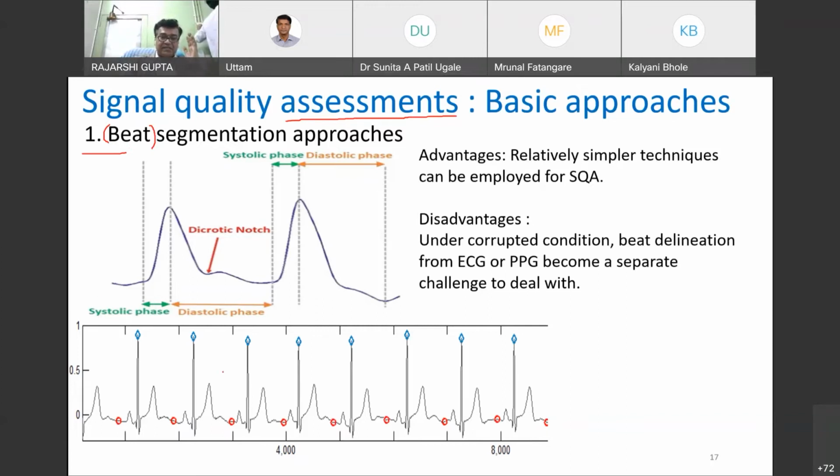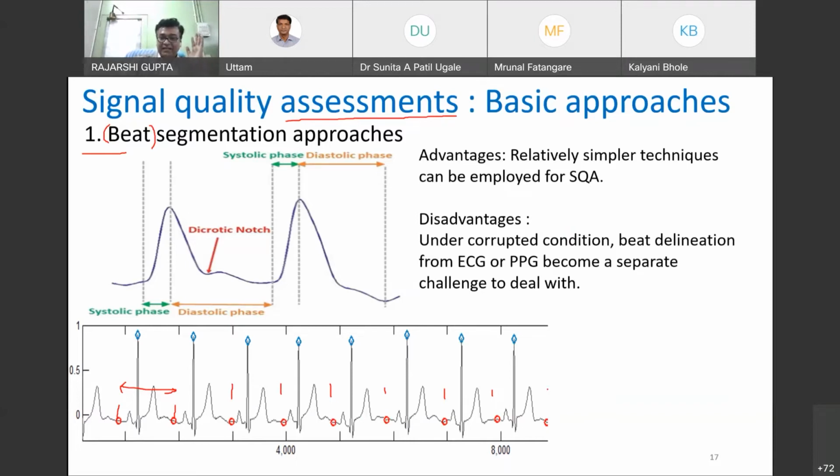In the case of ECG, that is the lower plot I have shown, this is one baseline and this is another baseline point. So between these two points, whatever we have, we can call a complete cardiac cycle. So you can mark these complete cardiac cycles. In one approach, which we call the beat segmentation approach, the first thing to do is that you need to delineate the cardiac cycles from the signal.